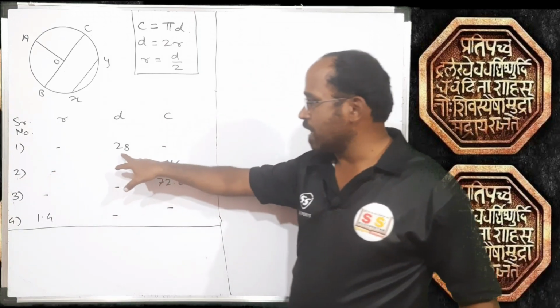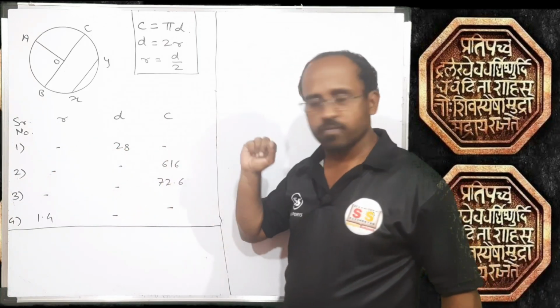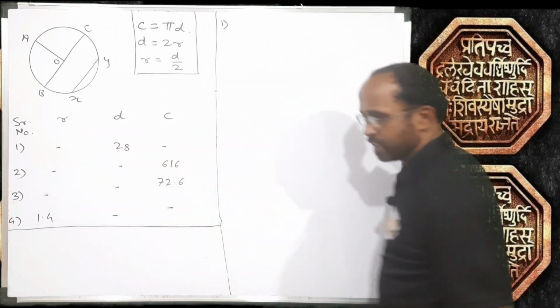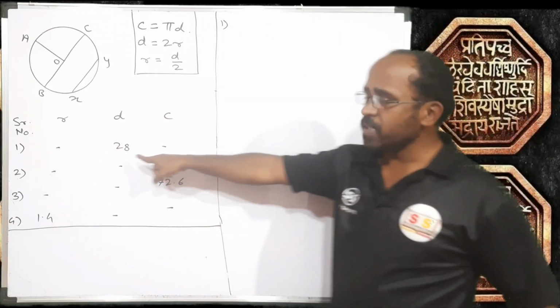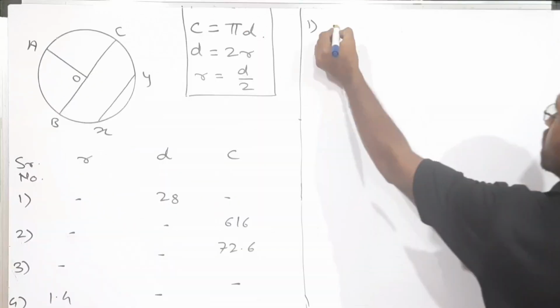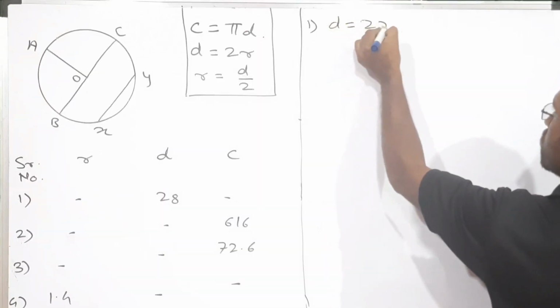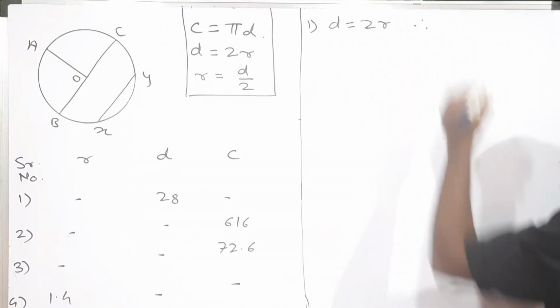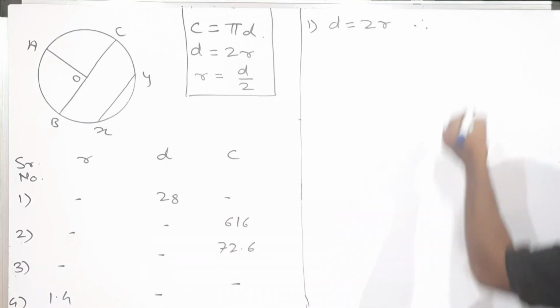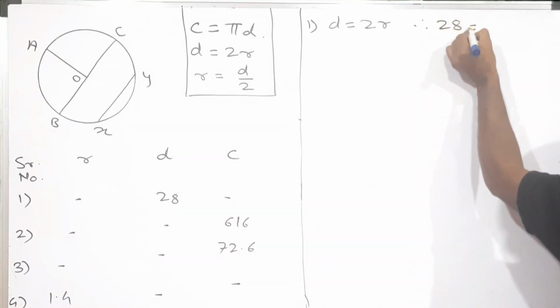In the first example, a diameter is given and radius and circumference are asked. Let's first find out radius. Diameter is given, which is twice of the radius. So let's write the formula for diameter. D is equal to 2r. Right? Therefore, now let's replace the values. D is equal to 28 given. 28 is equal to 2r.